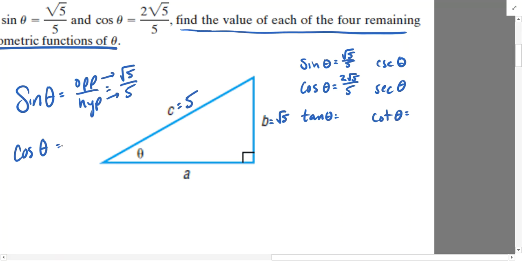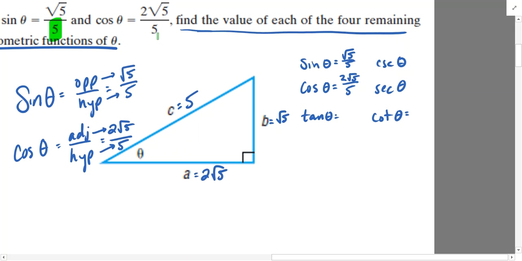Similarly, cosine theta is equal to the adjacent side length divided by the hypotenuse, which is 2 radical 5 divided by 5. So again, we see the hypotenuse is indicated to be 5, while the adjacent side length is 2 radical 5. So the side length adjacent to this angle measure theta drawn here is 2 radical 5.